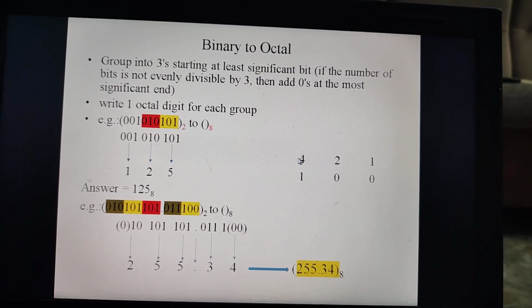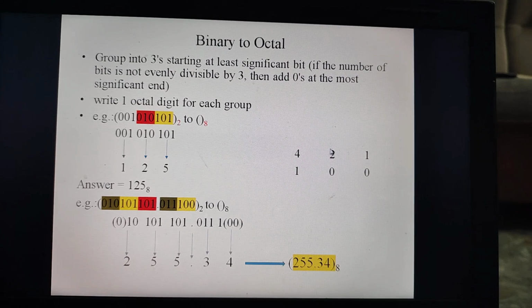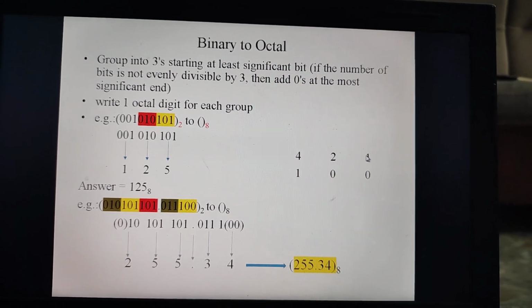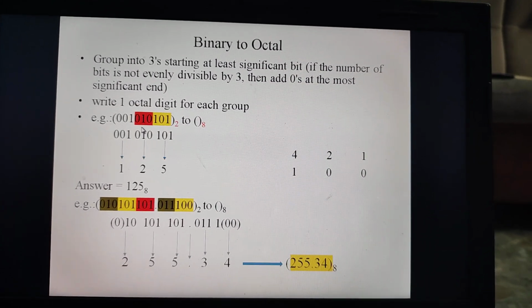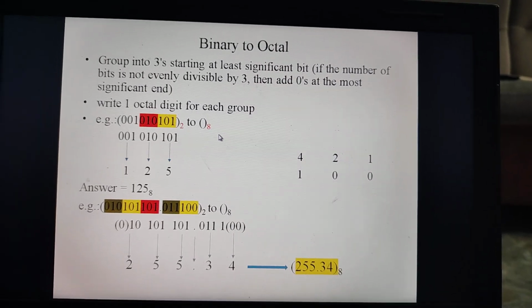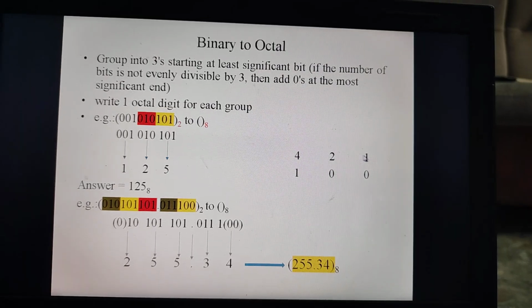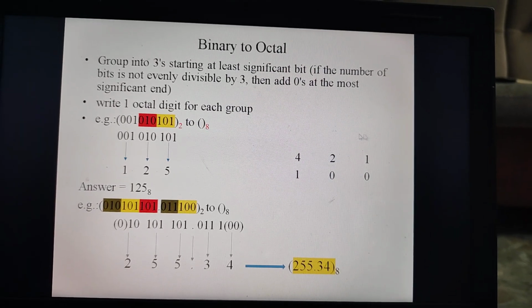If you add all these 3 values, 4 plus 2 is 6, 6 plus 1 is 7. So if you want to convert a binary number into an octal number, the given binary number has to be converted into a 3-digit form.